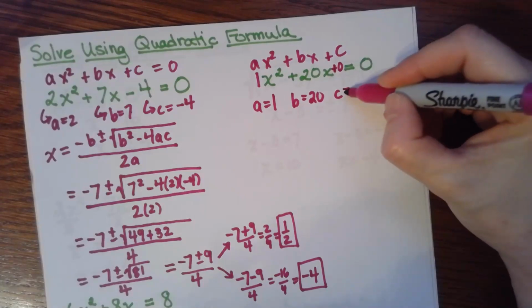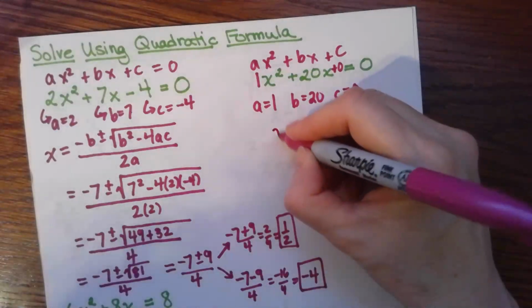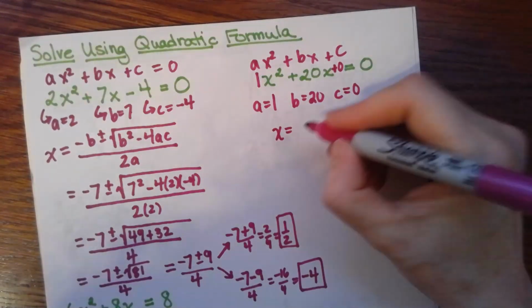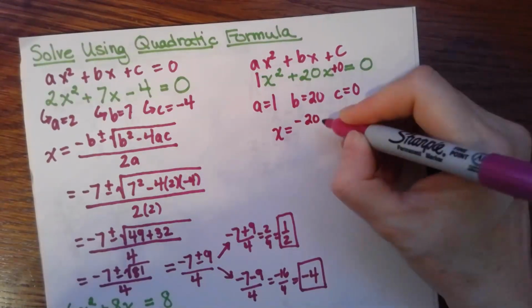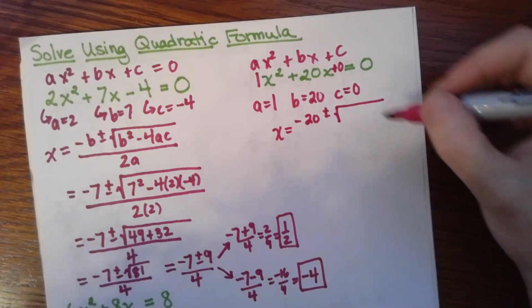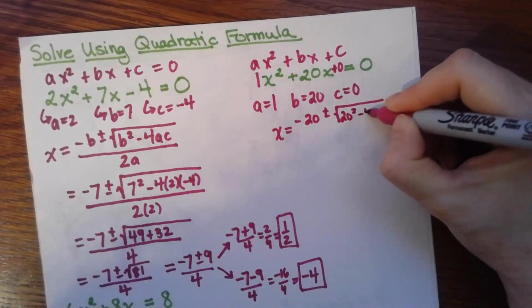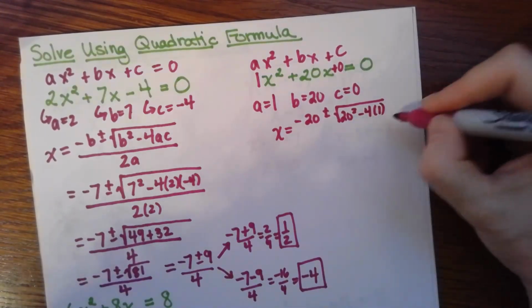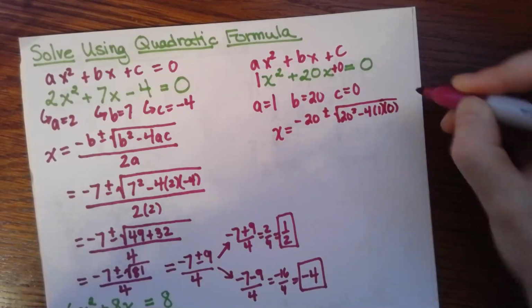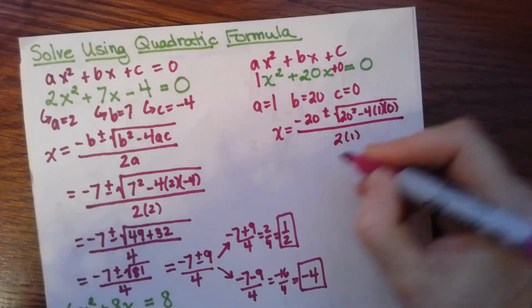It would mean the same thing. So c is 0. Okay, so when we use our quadratic formula, we're going to get x is negative b, that's negative 20, plus or minus the square root of b squared, which is 20 squared, minus 4 times a times c, all over 2 times a.